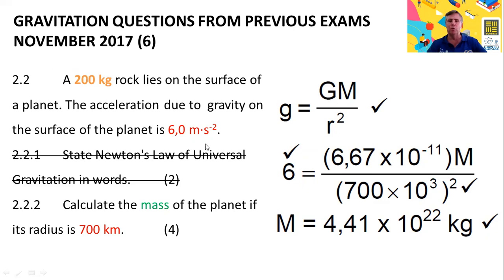So small g is 6. Big G we get from our constant sheet on page 40. The radius is 700 kilometers, and we need to square that, but we also need to convert to meters first, and we'll get a mass of the planet of 4.41 times 10 to the 22 kilograms.